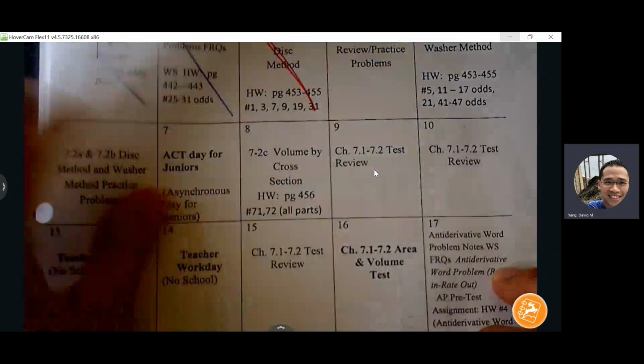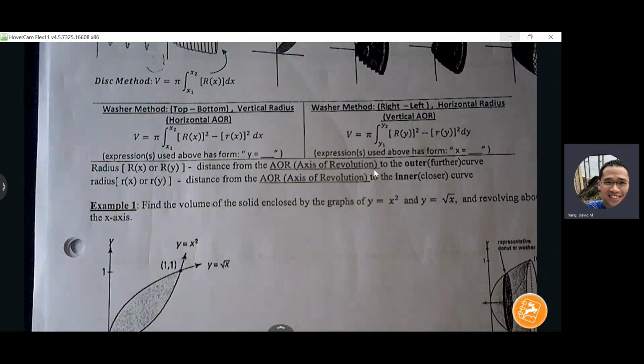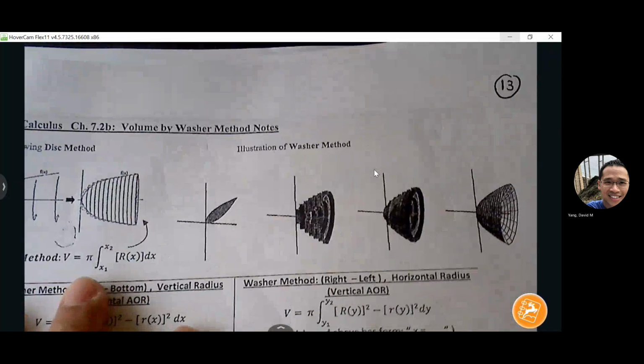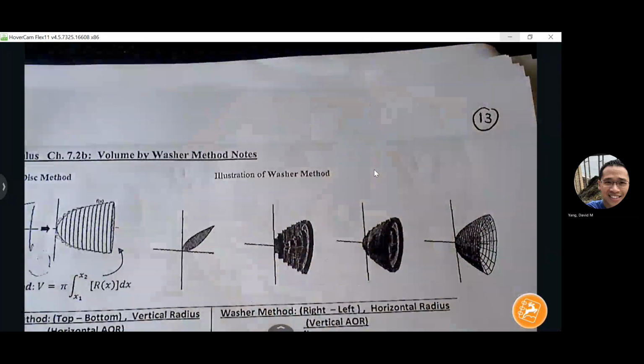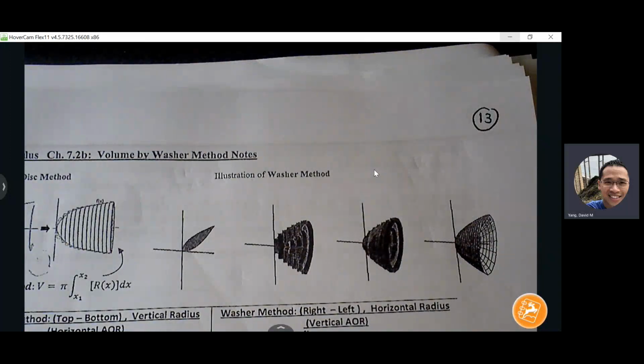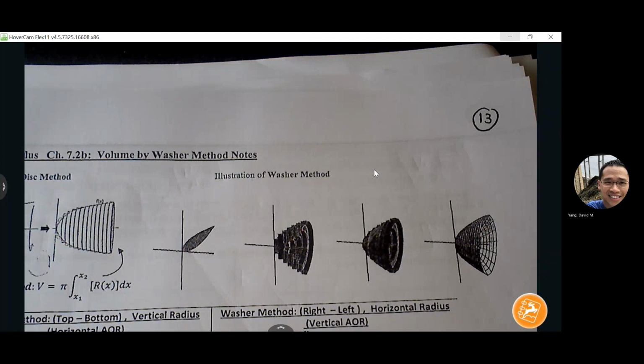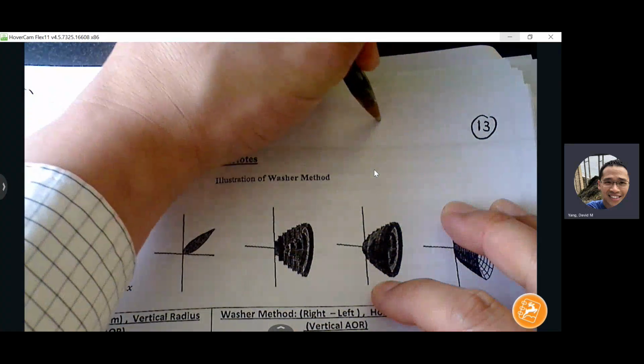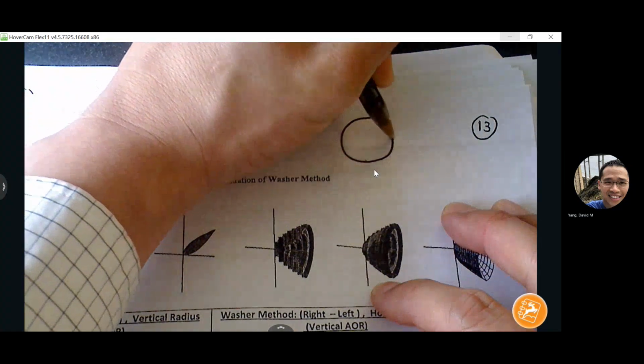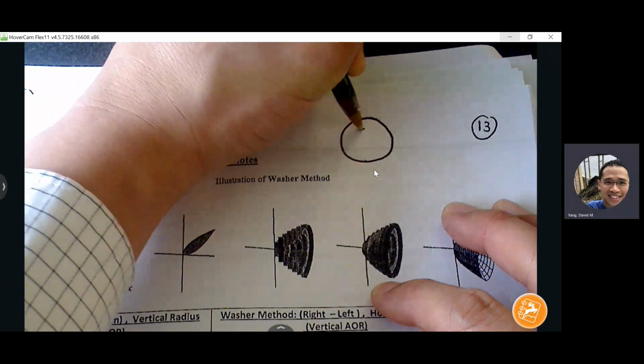Okay, all right, so let's go to page 13 in your packet. I'm going to start off by doing a two-dimensional drawing here and see if we can talk about something that you already know.